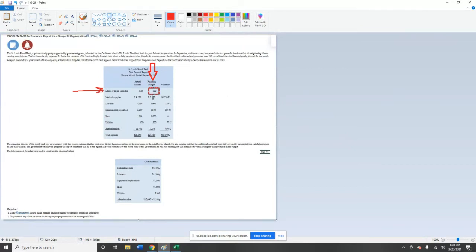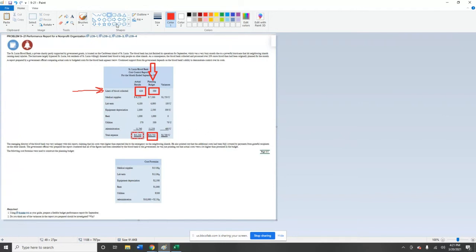All right, and then here's how they feel like they should have turned out, right? Expenses $28,750. Okay, but they actually collected 620, quite a bit more, and they had expenses of $31,450.